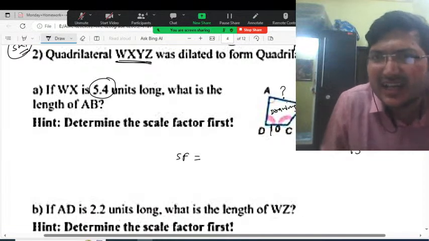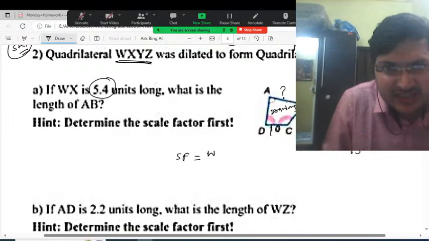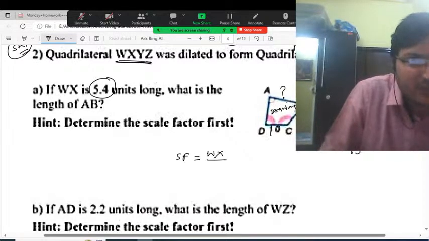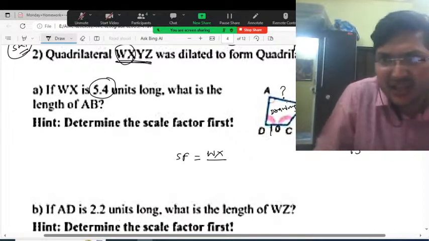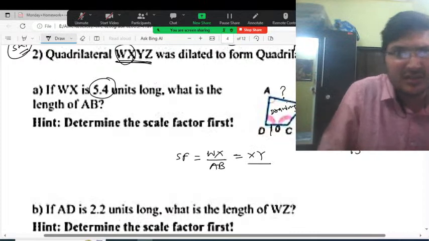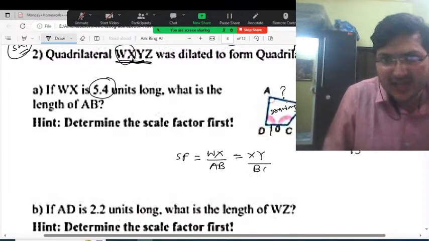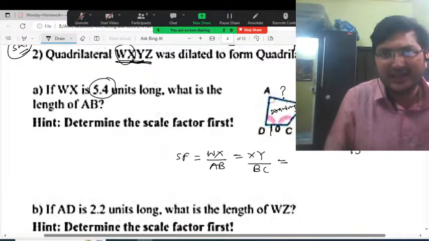That means the object is going to be WXYZ. The drawing is going to be corresponding to WX. We have AB here. Similarly, you can have XY with BC here, and similarly we can have other values as well.